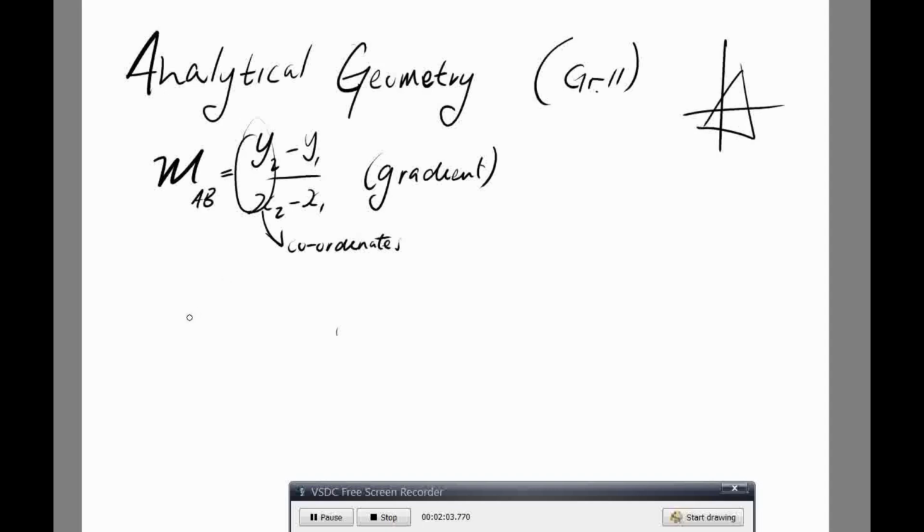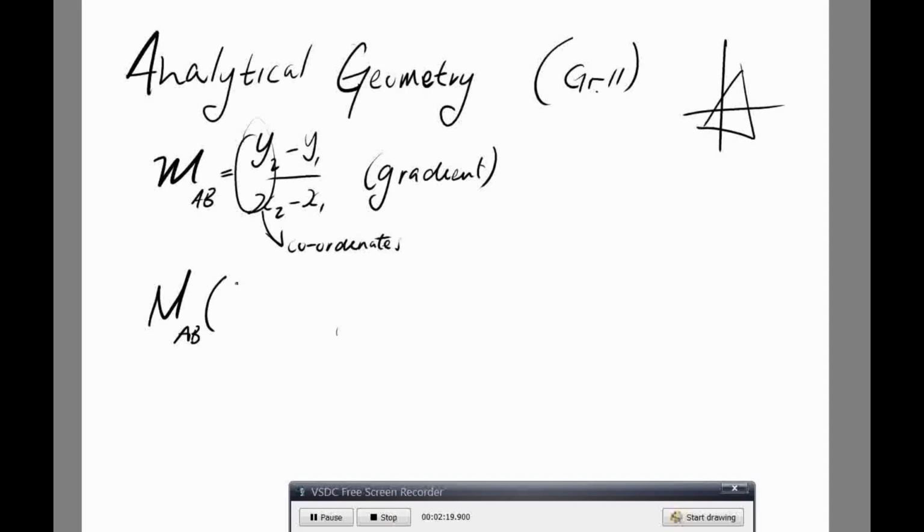Okay, something else we'll maybe need to know for our analytical geometry. I'm going to use a capital M. So notice that this is a capital M. This was a small m. The small m was the gradient. Capital M, I'm also going to make AB maybe as a subscript. But now I'm dealing with midpoint, okay?